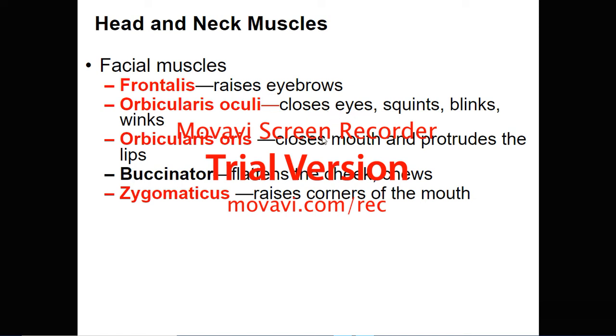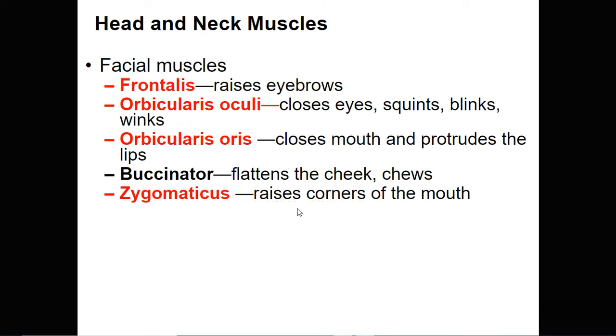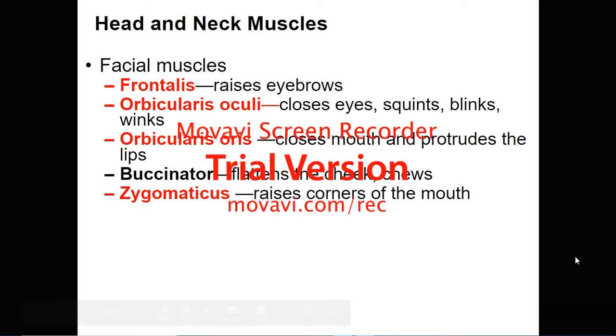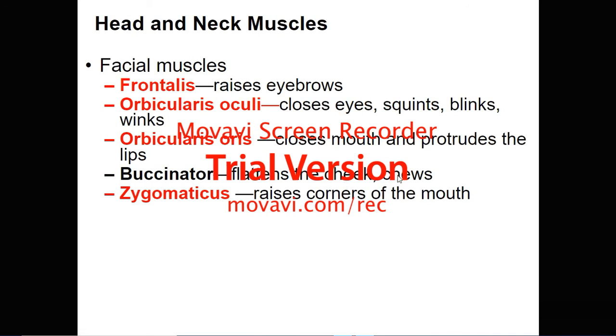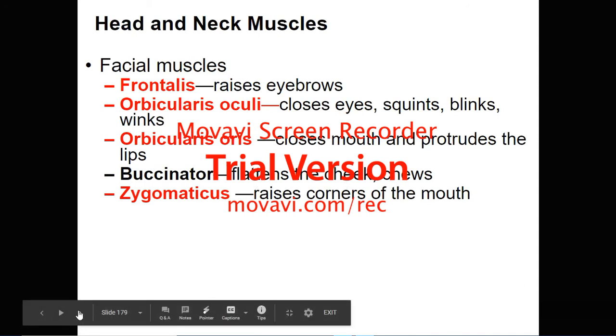Orbicularis oris, another circular muscle, closes the mouth. Zygomatic muscle raises the corners of the mouth. And the buccinator muscle flattens the cheeks and chews.